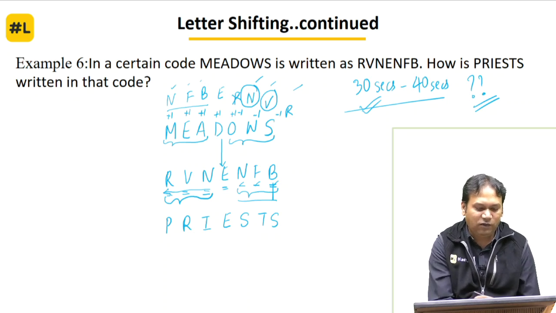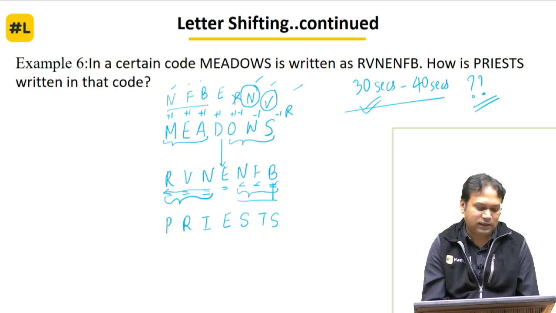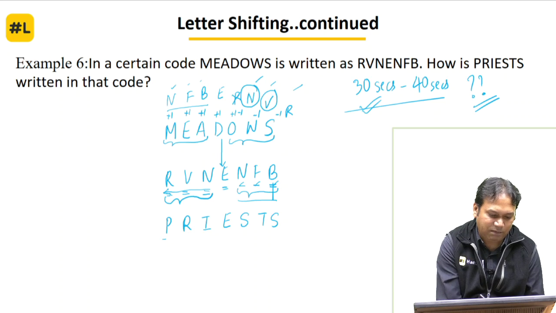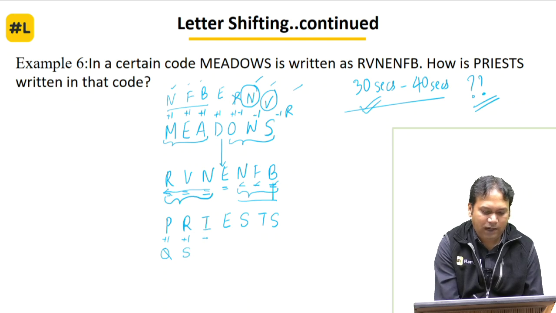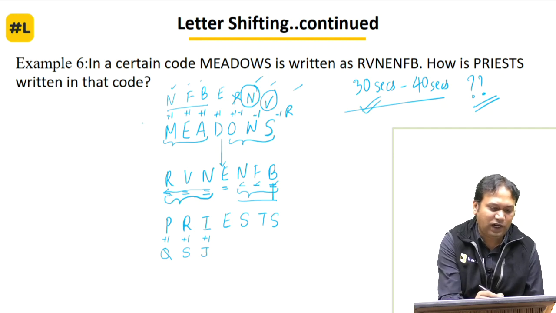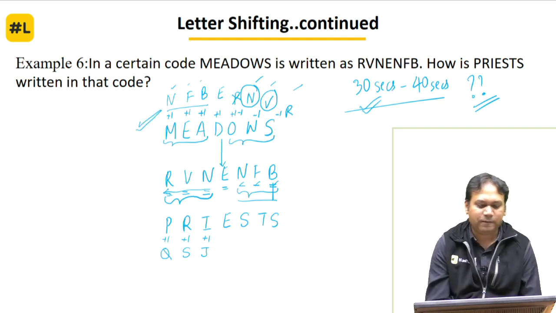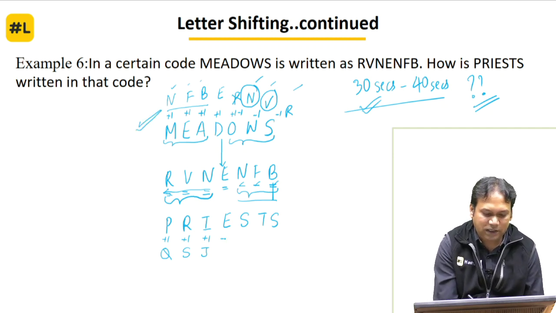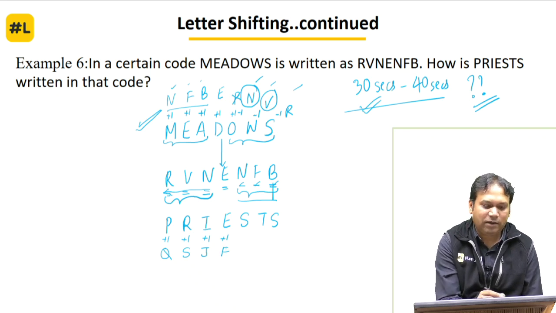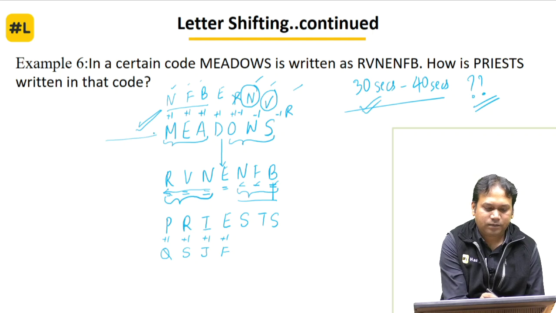So now if you solve the word PRIESTS, what will be the answer? Let's first write down the letters: P plus 1, R plus 1 and I plus 1. How do we know it is plus 1? Because we have already seen it here, plus 1, and E plus 1, F. As you can compare in this case, we are doing plus 1, plus 1, plus 1, plus 1.